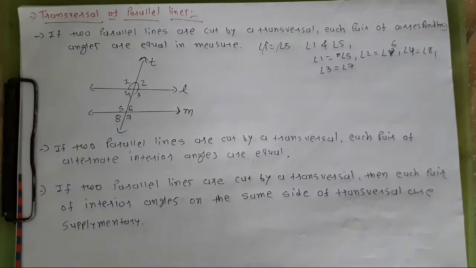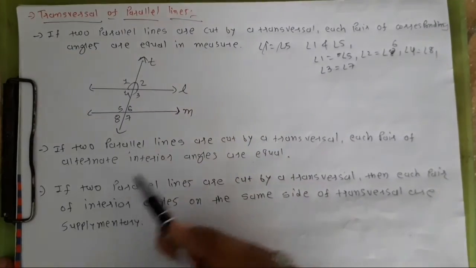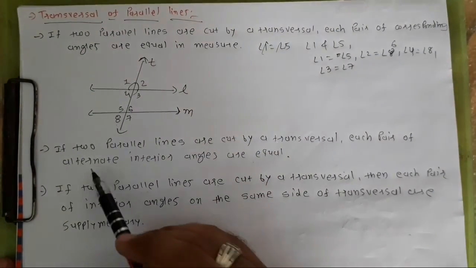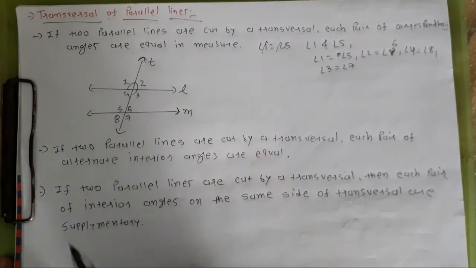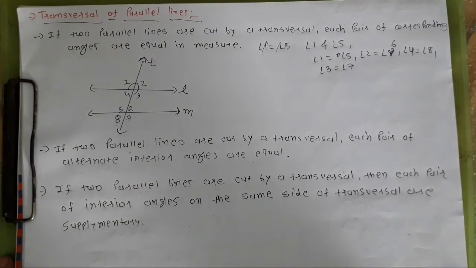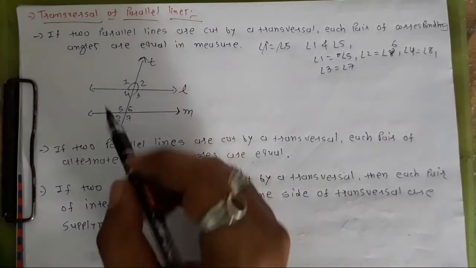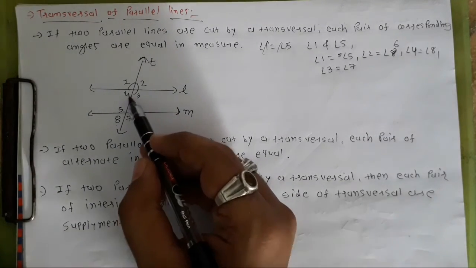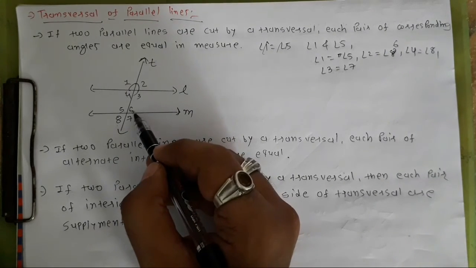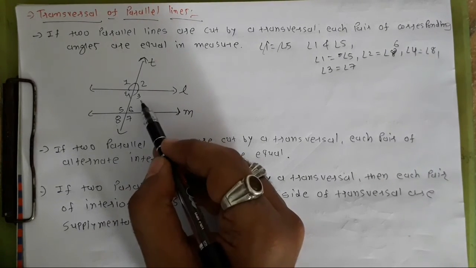Now the second point is, if two parallel lines are cut by a transversal, each pair of alternate interior angles is also equal. Here the pairs of alternate interior angles are, as we studied in the previous question, angle 4 and angle 6, and angle 3 and angle 5.